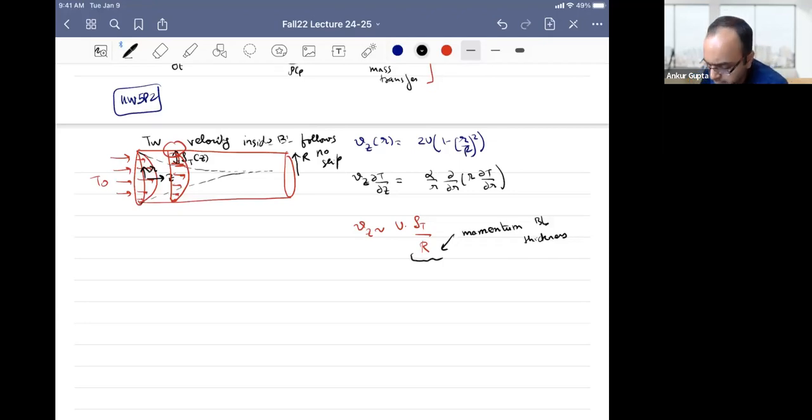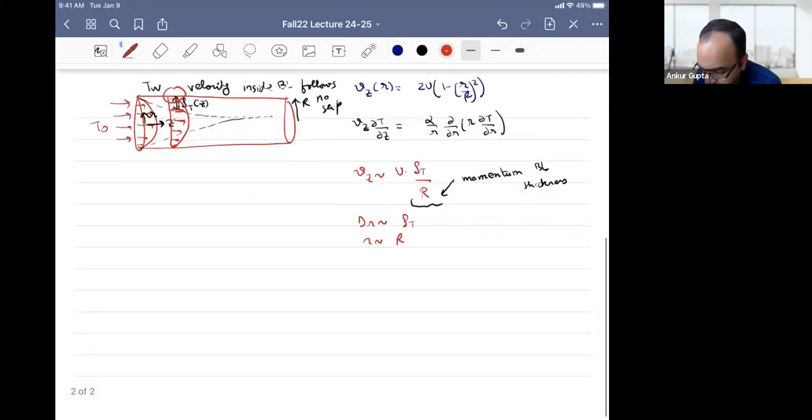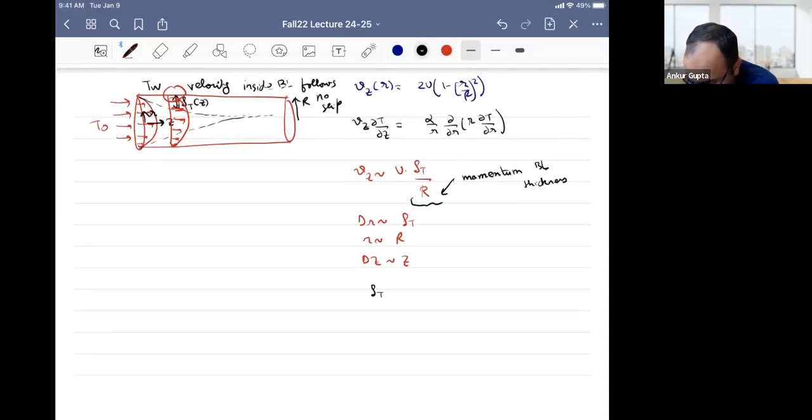And then you can just do the simple scaling of what we had before: delta R is delta T, R goes as roughly capital R because it was close to the wall, and delta Z is Z. If you do all of this, you will find that delta T cubed is equal to U R Z by alpha.